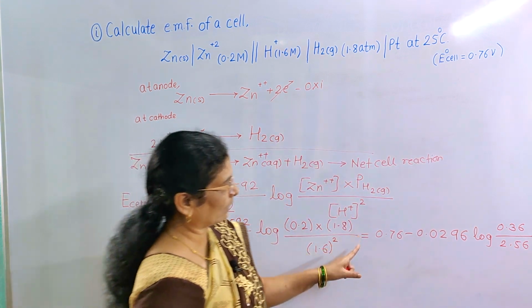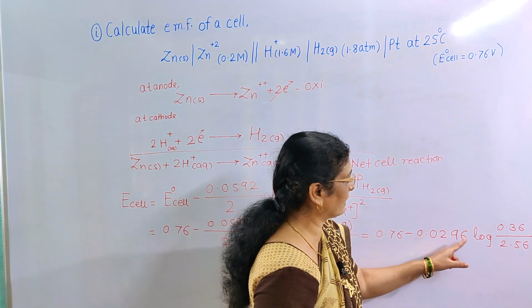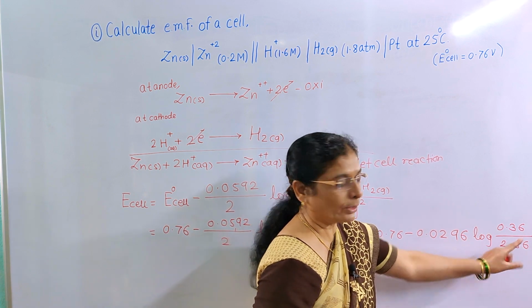So we have to calculate 0.76 minus 0.0296 into log of 0.36 upon 2.56.